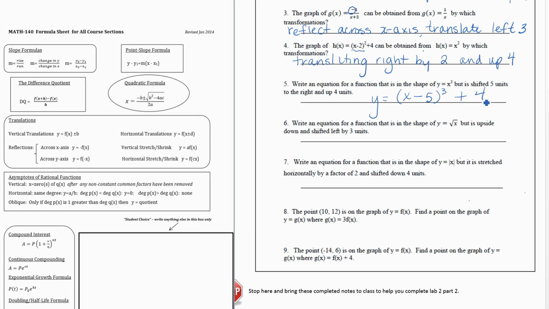Okay. Number 6 says, write an equation for a function that is in the shape of y equals the square root of x, but is upside down and shifted left by 3 units. Now, upside down is the same as reflect across the x-axis.